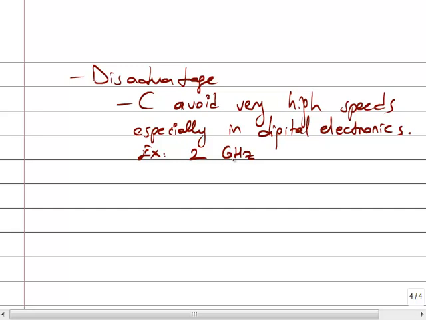Why isn't it 4, for example? This is the maximum speed you can work your microprocessor at. Why is the maximum speed not 4 gigahertz or 10 gigahertz? The reason it is 2 gigahertz and not higher is because of the capacitance of the transistors in your microprocessor.